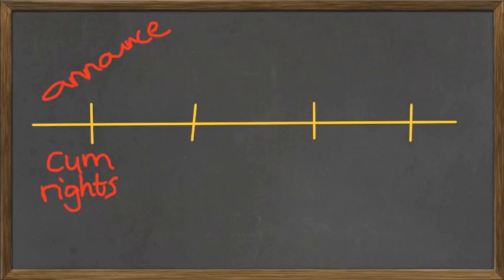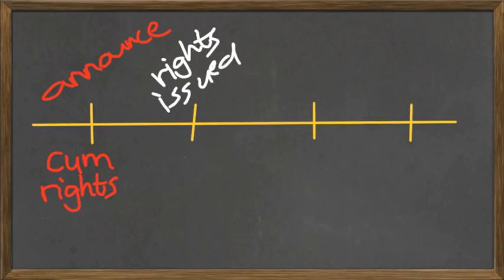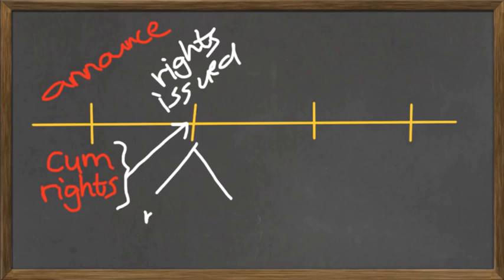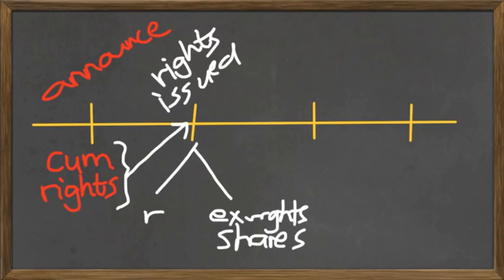At the date when the rights are issued by the company, this cum rights value applicable on the date when the rights are issued needs to be split between the value only relating to the rights and the ex rights value applicable to the shares.